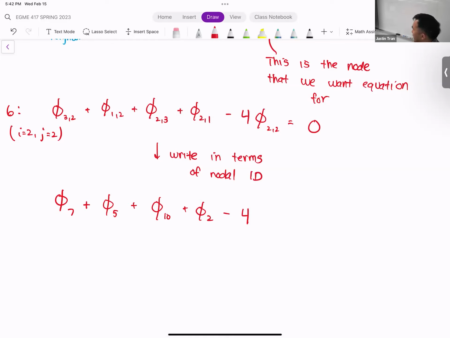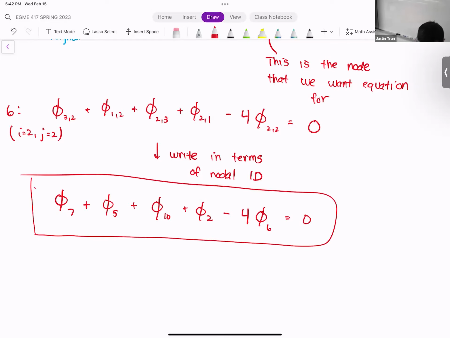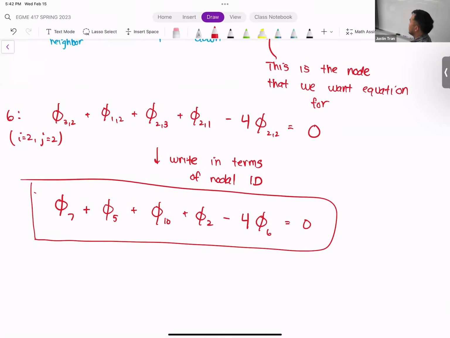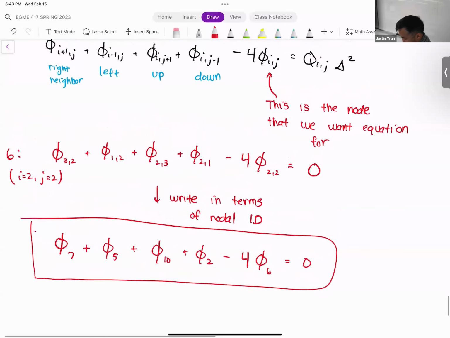And then minus 4 times phi 2, 2, which of course is phi 6. Any questions on how we obtained that equation right there?